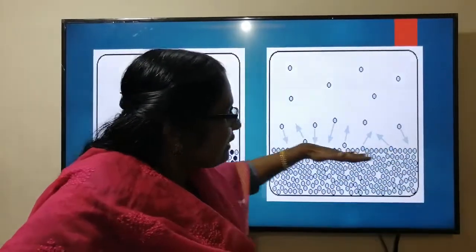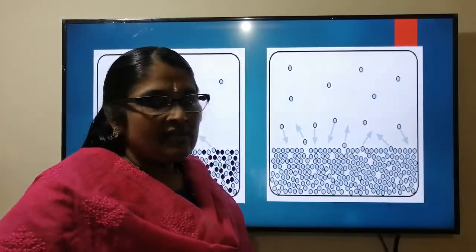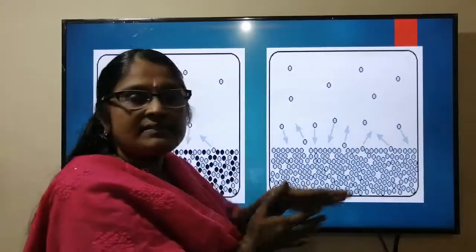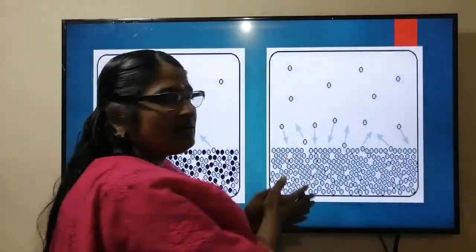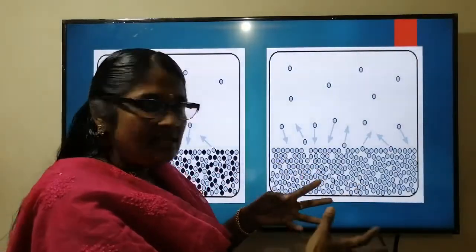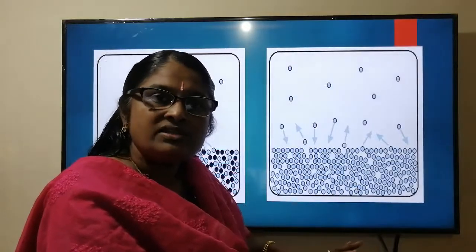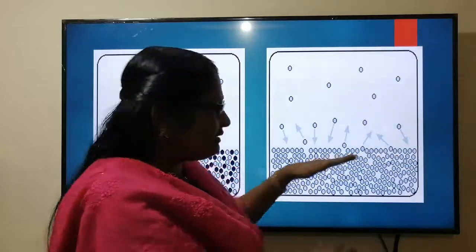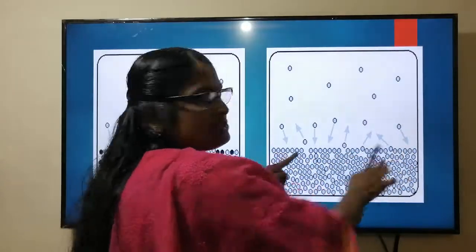We know evaporation takes place from the surface, because the surface molecules experience less attraction, or have high surface energy. So they are the ones which go to the vapor phase first at normal temperature. All the surface region is occupied by H2O molecules only.